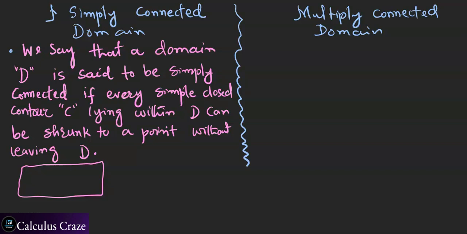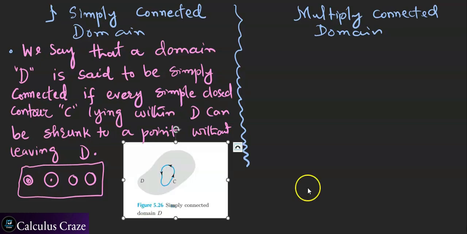I will call this simply connected if I take any closed and simple contour and wish to shrink it to a point, I don't need to leave the domain. So I can shrink every simple closed contour to a point without leaving this domain. If this is the case, then my domain is simply connected. You can also see this example where domain D is containing a simple closed contour.